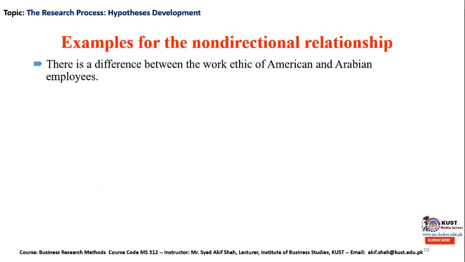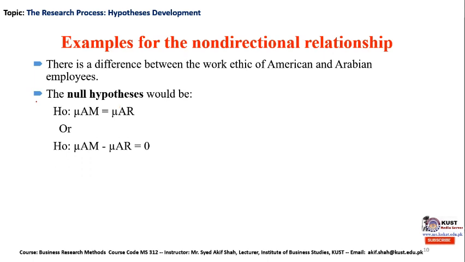As an example, there is a difference between the work ethics of American and Arabian employees, as we have previously hypothesized. How can we narrate or label them in null and alternative hypothesis? The researcher can formulate the null hypothesis like H naught is equal to the mean value of the Americans for work ethics is equal to the mean value of the Arabian employees.